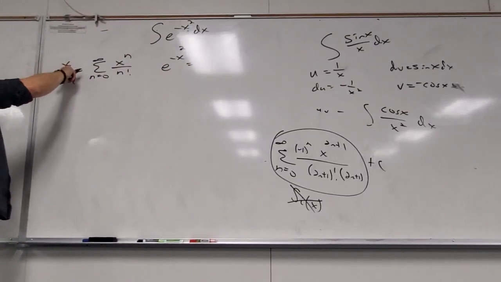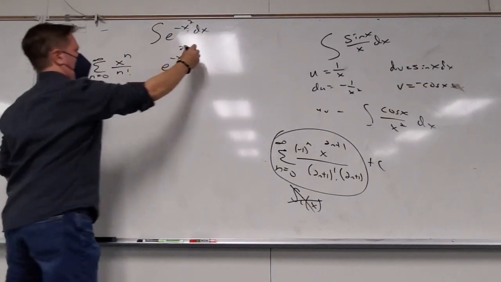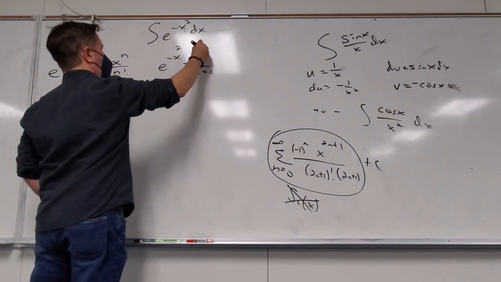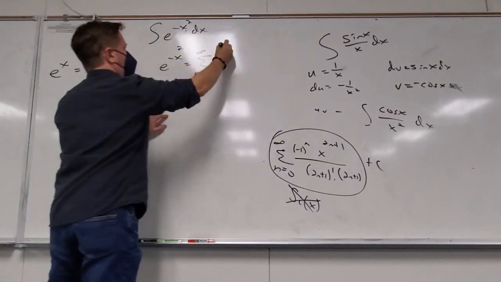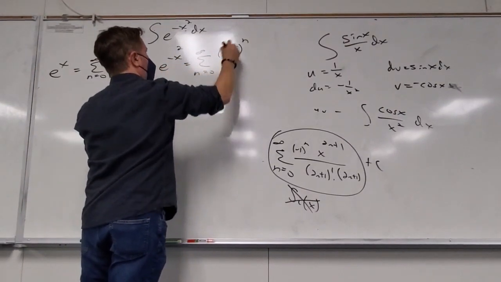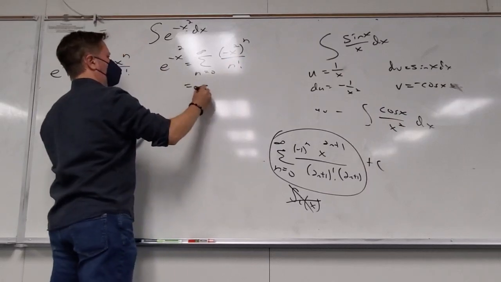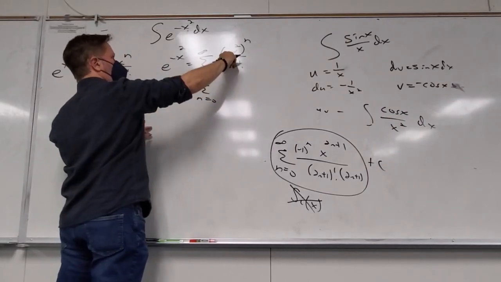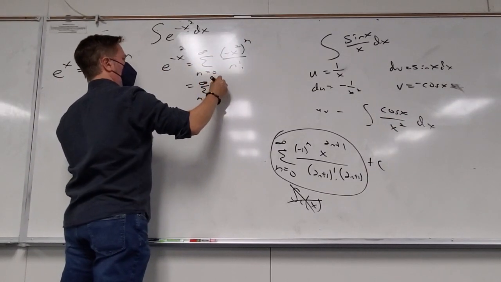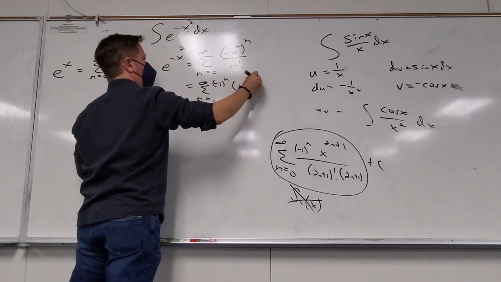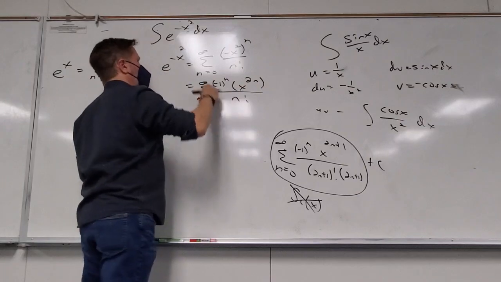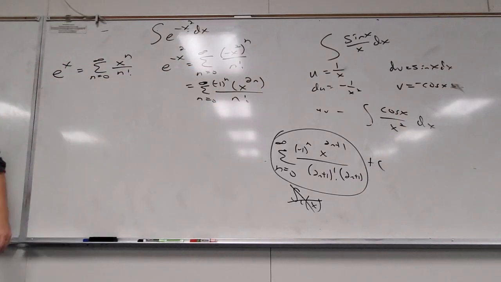Instead of having an x here, what would I do? What do I put in? Negative x squared. So that would be the sum n equals 0 to infinity, -1 to the n, x to the 2n over n factorial. That's what e to the negative x squared is.